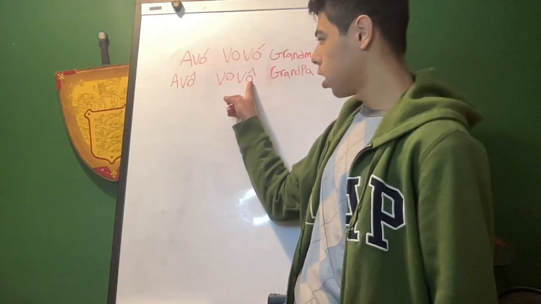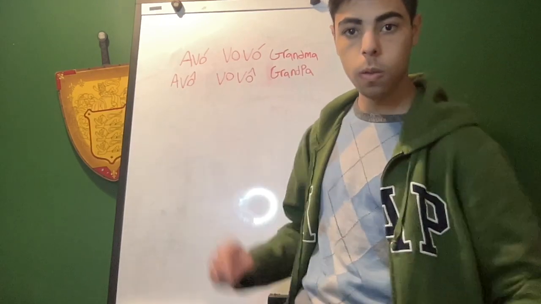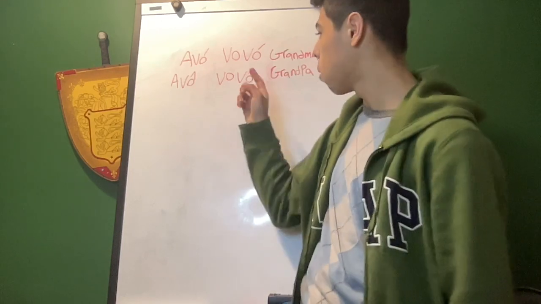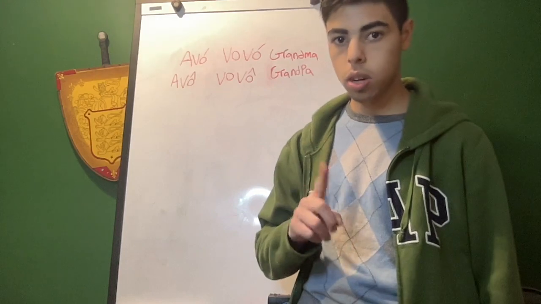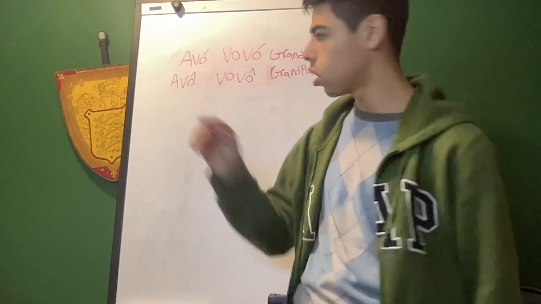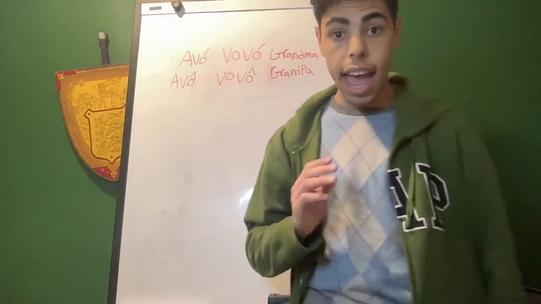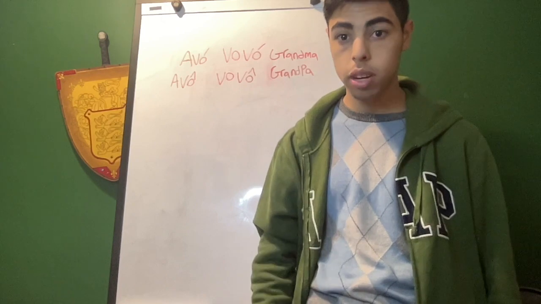Now, grandpa in Portuguese, on the other hand, vovô, is a closed sound that has a party hat on top of the second O. The first O doesn't have an accent, so it has neither a closed nor an open version to be pronounced.